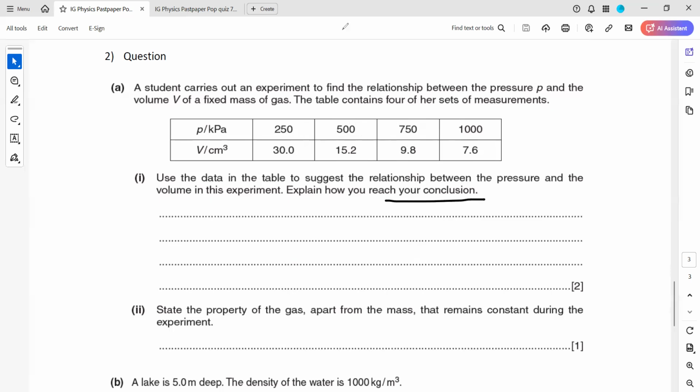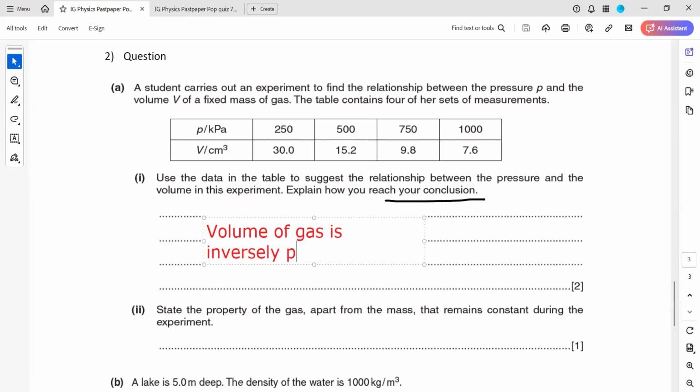How do we reach our conclusion? The product of pressure and volume is constant. So the pressure of a gas is inversely proportional to the volume of a gas. Pressure increases, the volume will decrease, and the product is constant.